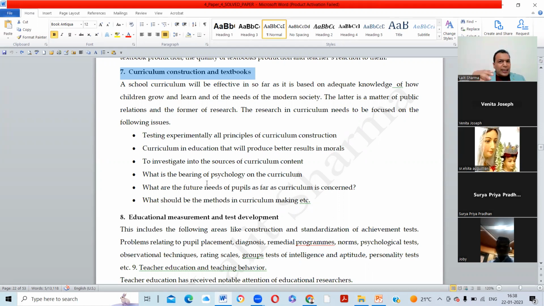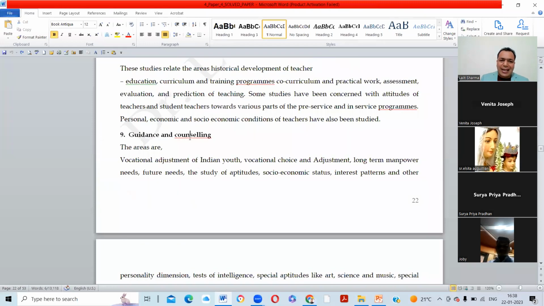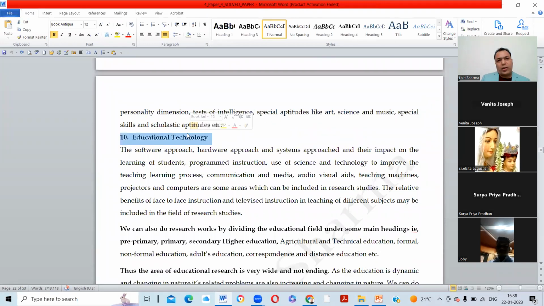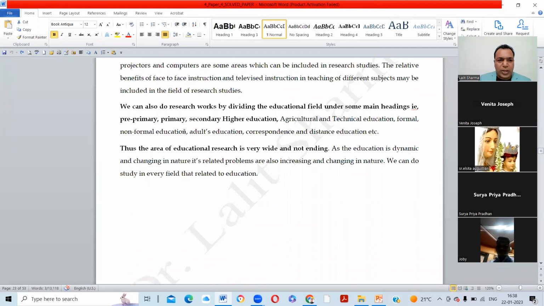Such problems arise while constructing the curriculum and writing the textbook. These problems will also be solved scientifically by educational research. That's why this topic also comes under the scope of educational research, right guys? Then educational measurement, guidance and counseling, then educational technology. So you have to define everything under the scope of educational research.